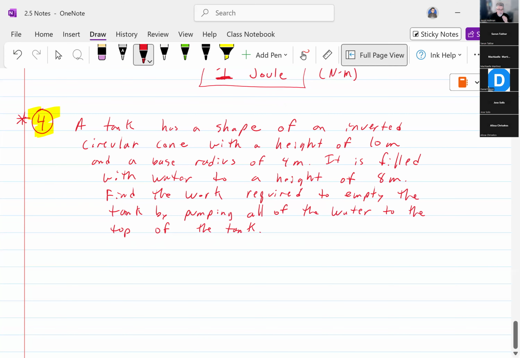And I'll give you a minute to finish writing that down. But the distance required to pump the water is constantly changing. That's why we have to use calculus.